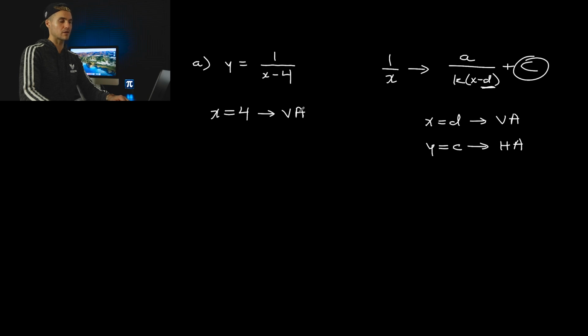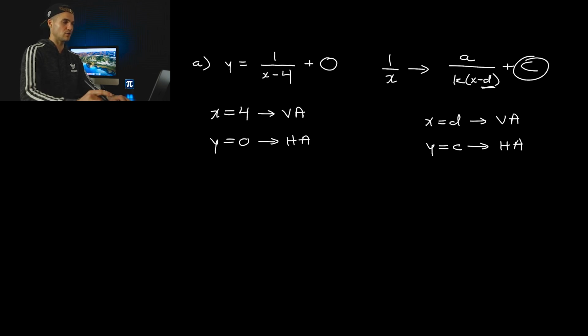Another way to think about it is: what x value is making the denominator equal to 0, because you can't divide by 0, and so the function is going to be undefined there. And then there's a horizontal asymptote at the c value, where there is an imaginary y equals 0, right? A c value of 0. So y equals 0 is going to be the horizontal asymptote in this case.